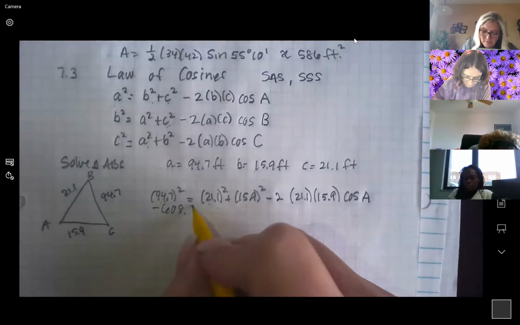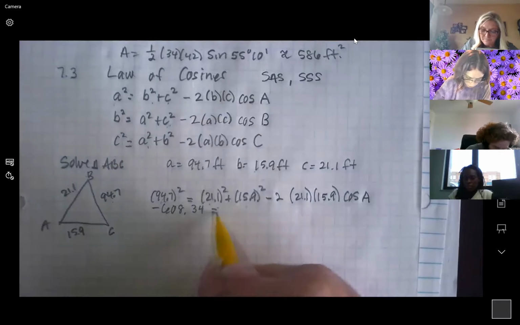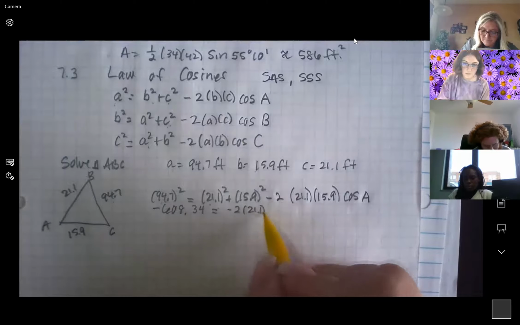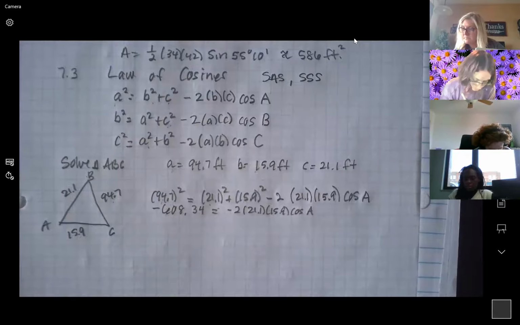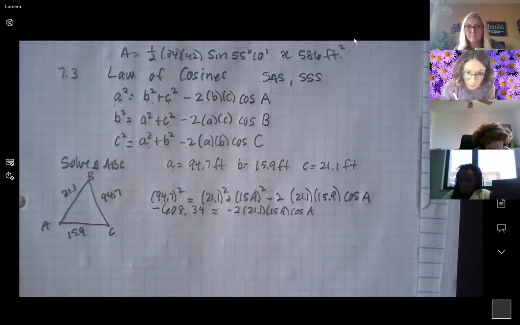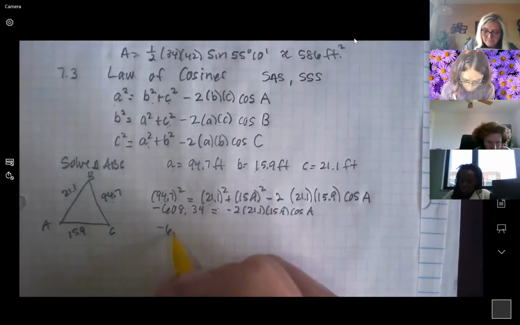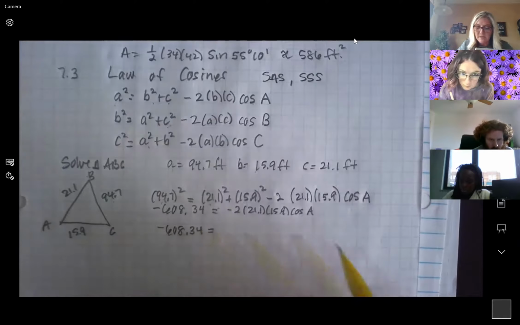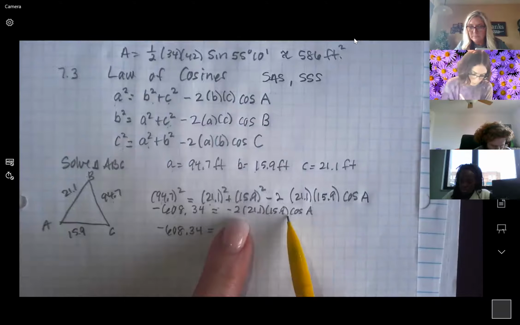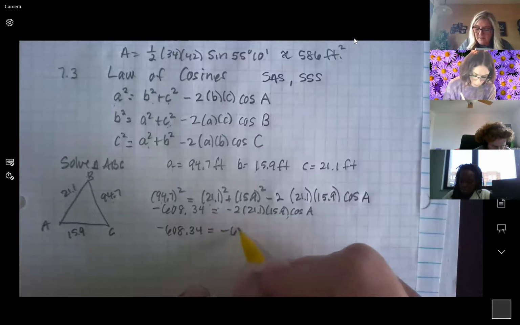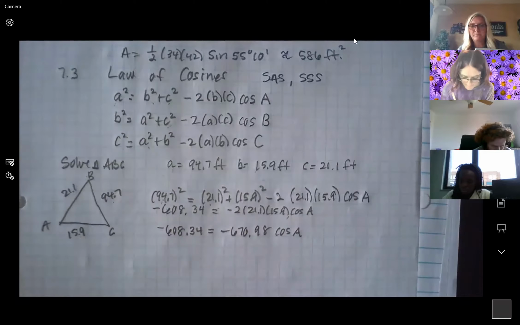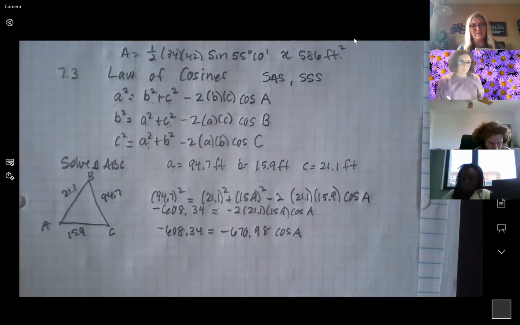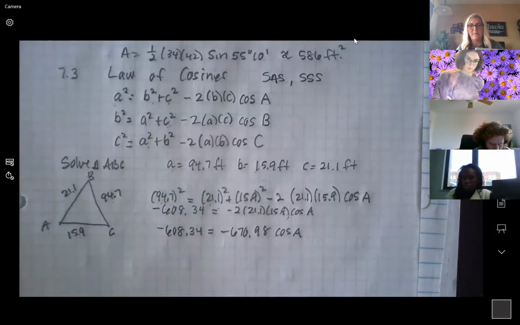Then I multiplied these together as well, rounding to 2 decimal places, and I got negative 670.98 cosine A. You might have to do it in a couple steps. I don't think you want to do it all in one step on your calculator.